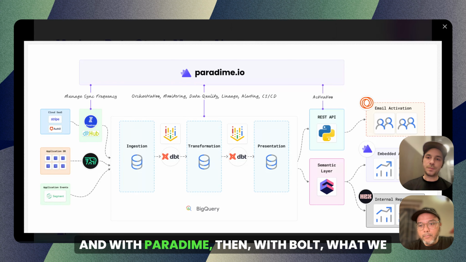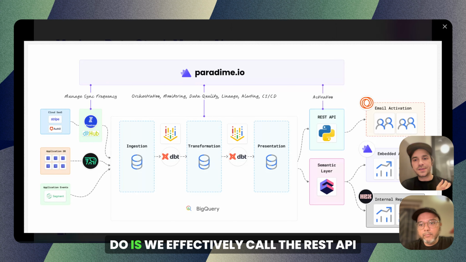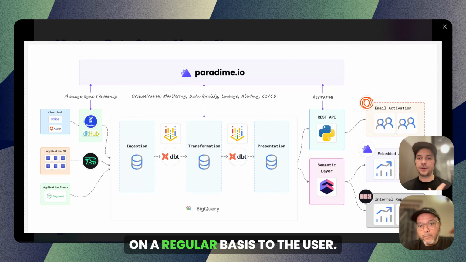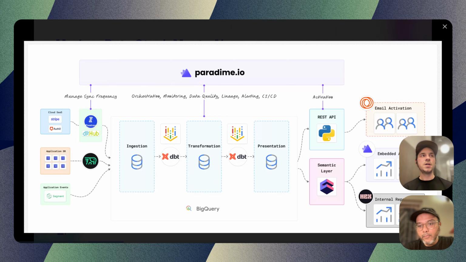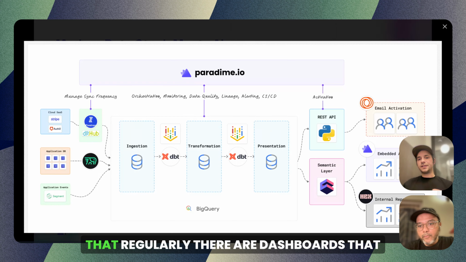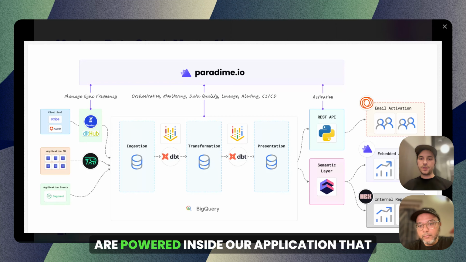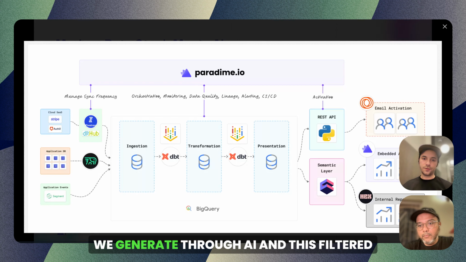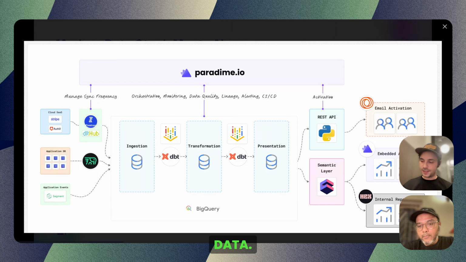And with Paradime, with Bolt, what we do is we call a REST API endpoint to send these transactional emails on a regular basis to the users. And we'll see an example of that. Fundamentally, regularly there are dashboards powered inside our application that expose these metrics, the summaries we generate through AI, and this filtered data.